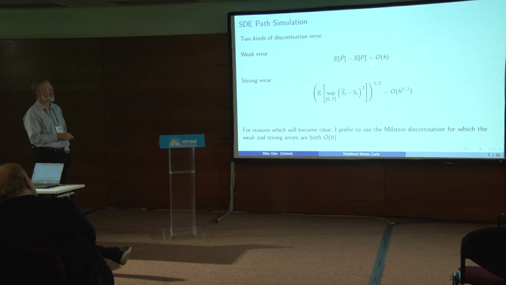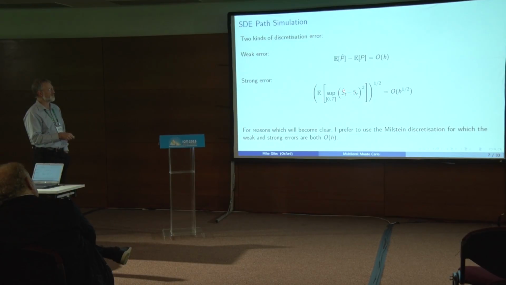It's the error in expectation between the expected value of the approximate output P hat relative to the expected value of the true output P. And it turns out that for the Euler-Maruyama method, that's asymptotically proportional to the size of the time step h. There's also the strong error, which is the root mean square of the sup error between the path simulation, S hat, and the true path, S.